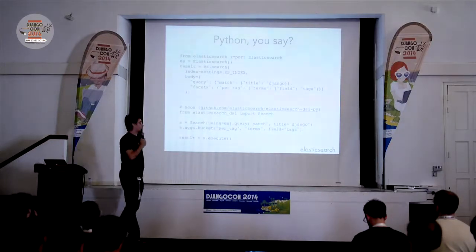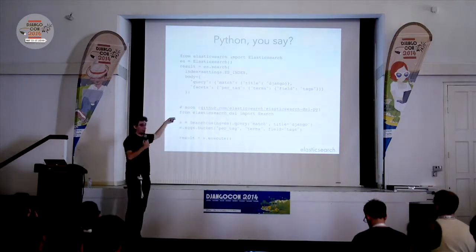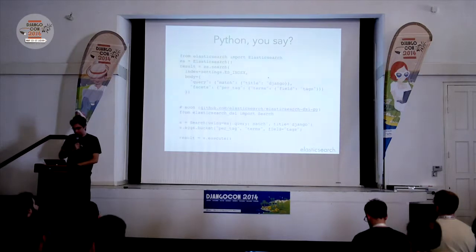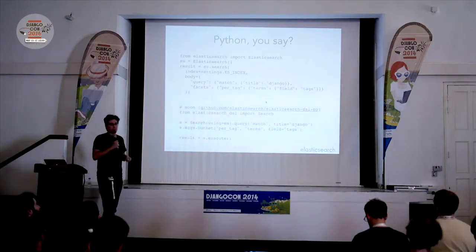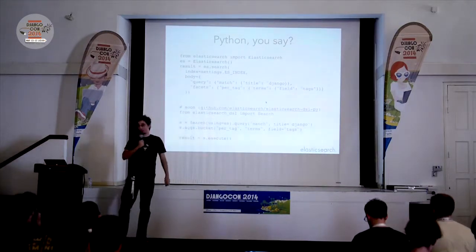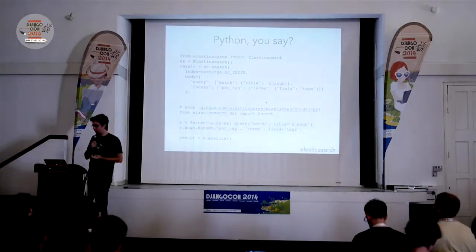It's literally that easy. The queries are in JSON. So here you can see that I'm looking for something that contains Django in the title, and I want to do facets per tag. So I want to do facets on tags and get the results. The top part is the raw example with the low-level client.